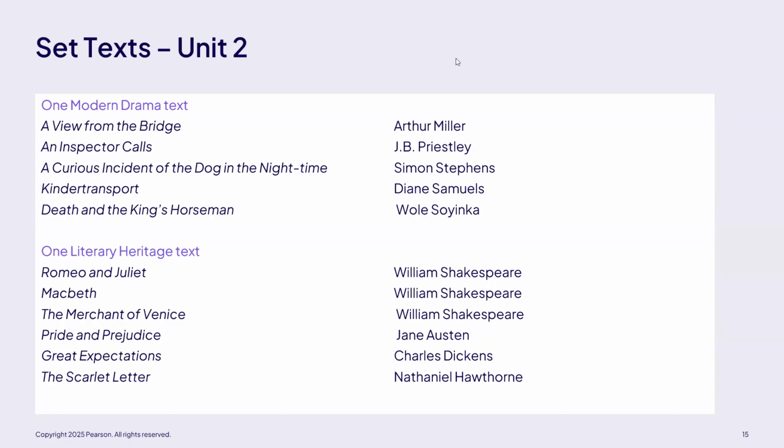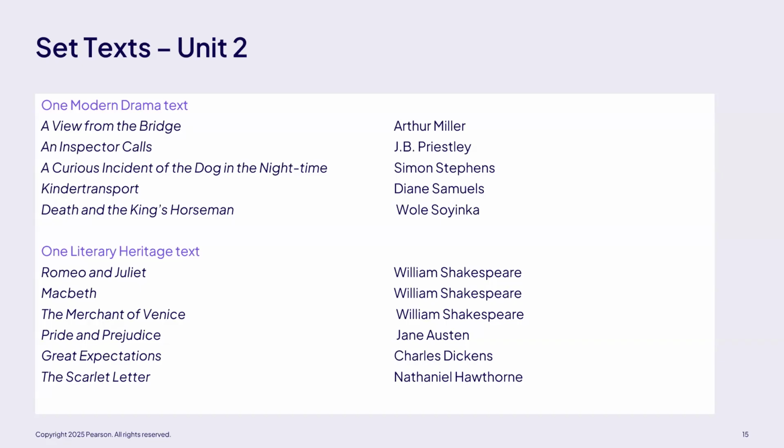Again, if I can signpost you to the Getting Started Guide. If we look at page 17 of that document, for An Inspector Calls, we've got 7 bullet points on context, we've got 4 bullet points on themes, we've got a couple of paragraphs on form and structure.